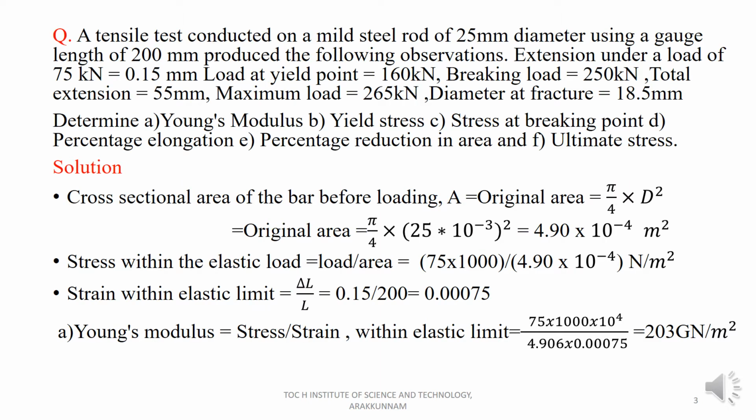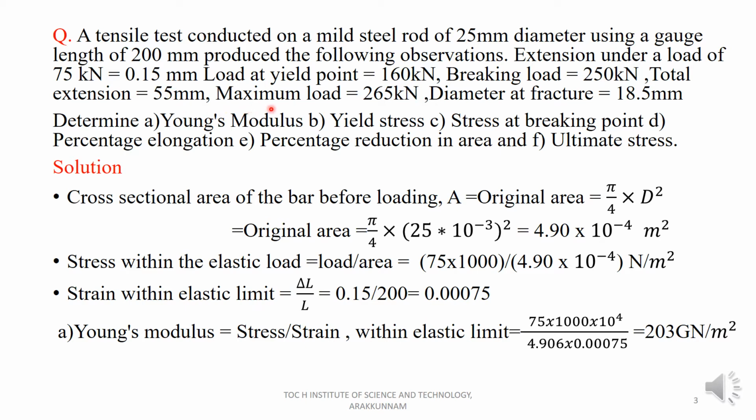A tensile test conducted on a mild steel rod of 25 mm dia using a gauge length of 200 mm produced the following observations. Extension under a load of 75 kilonewton is equal to 0.15 mm. Load at yield point is equal to 160 kilonewton.